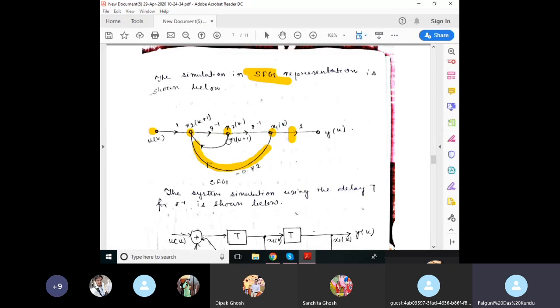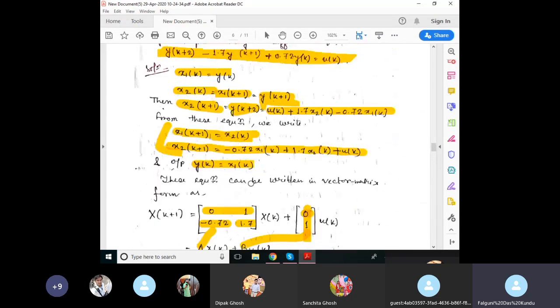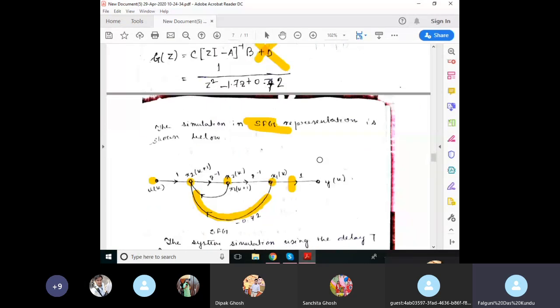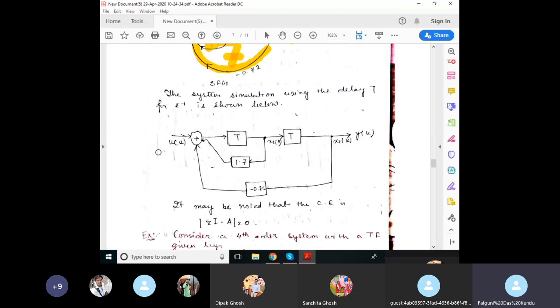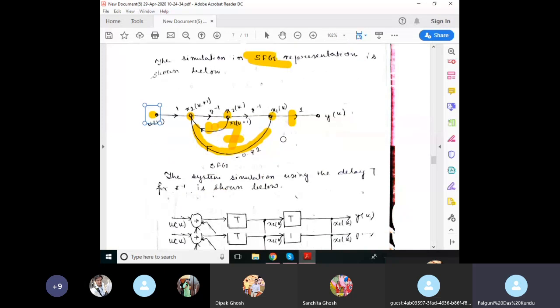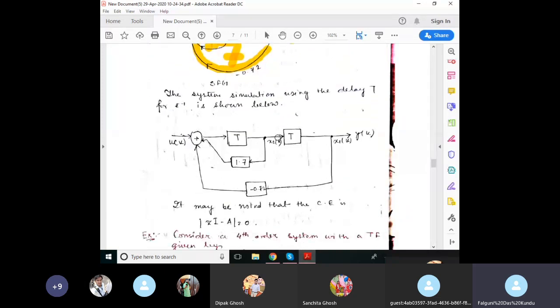Okay, now x2k is multiplied by a gain of 1.7, so here this arrow must be 1.7, and it is a summation of uk. Okay, now this signal flow graph can again be represented using the block diagram, a delay for T. Here T is nothing but z inverse, so this is yk, this is uk, this is x2k, and this is x2k plus 1.